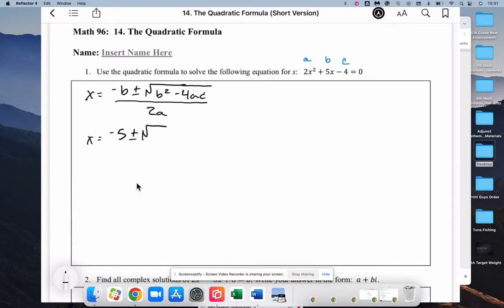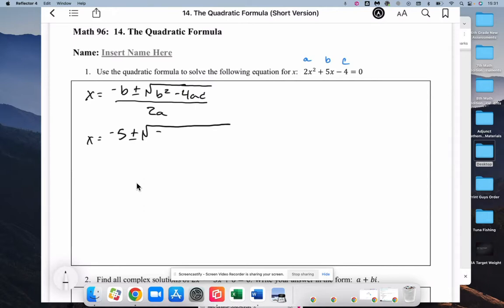And the thing that's going to trip people up on this or make it difficult is mistakes with negative signs and that kind of thing. So be particularly careful of that minus in front of the b and the minus in front of the 4ac. And so we've got b squared.